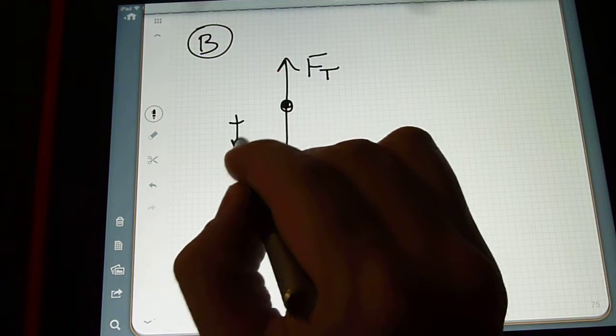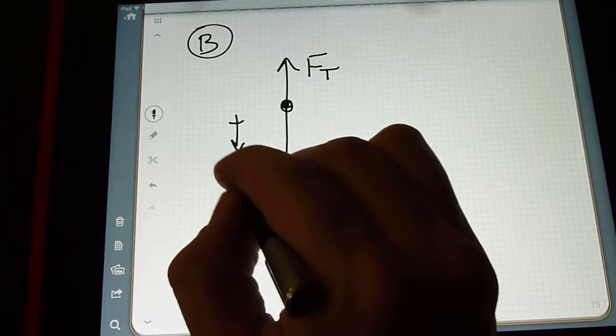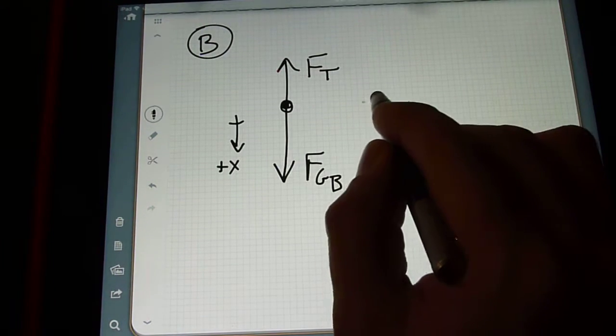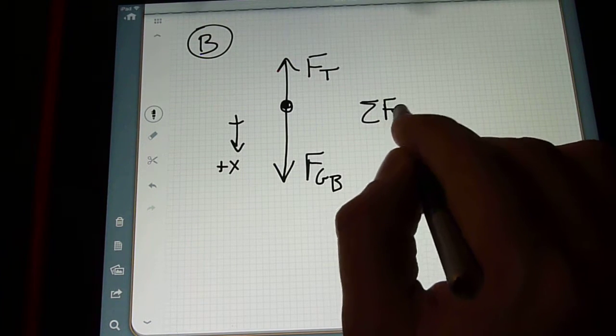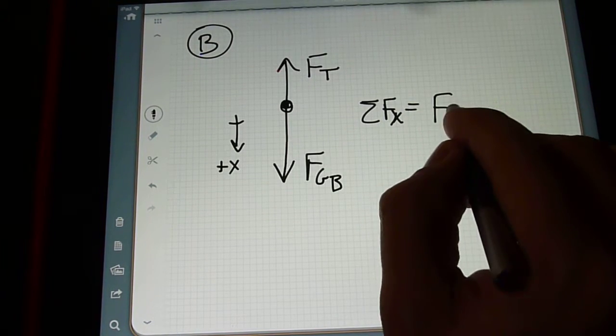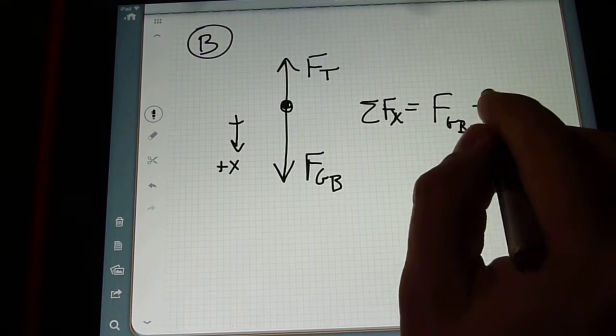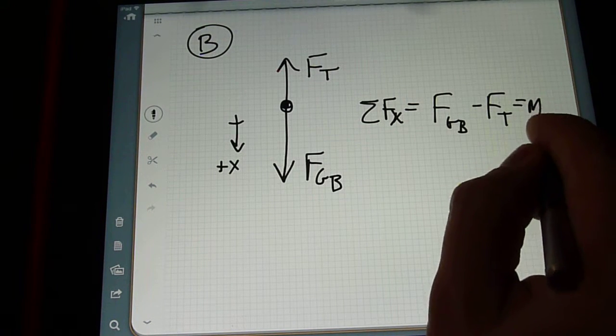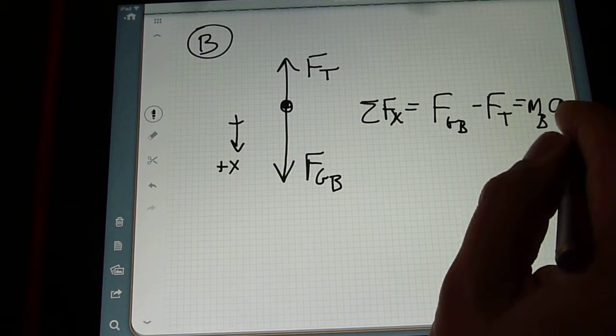Here we will declare positive x to be down. That allows us then to say that the sum of forces in the x direction for this object is going to be Fg sub B minus Ft, and that's going to equal the mass of block B times that acceleration in the x direction.